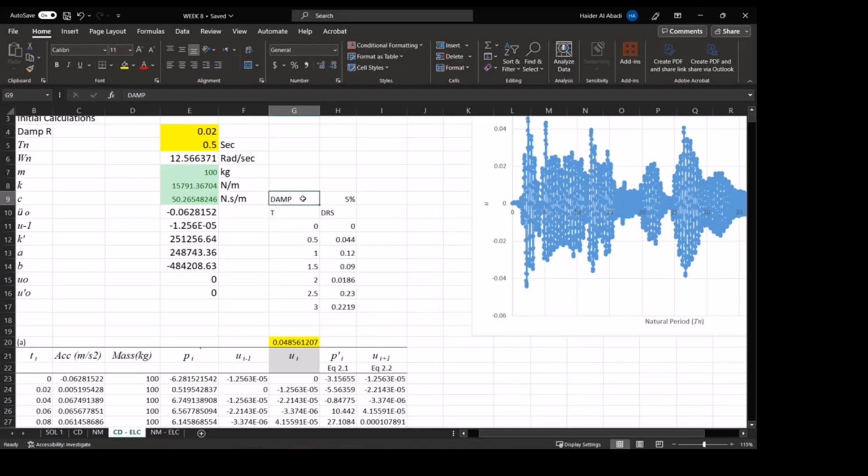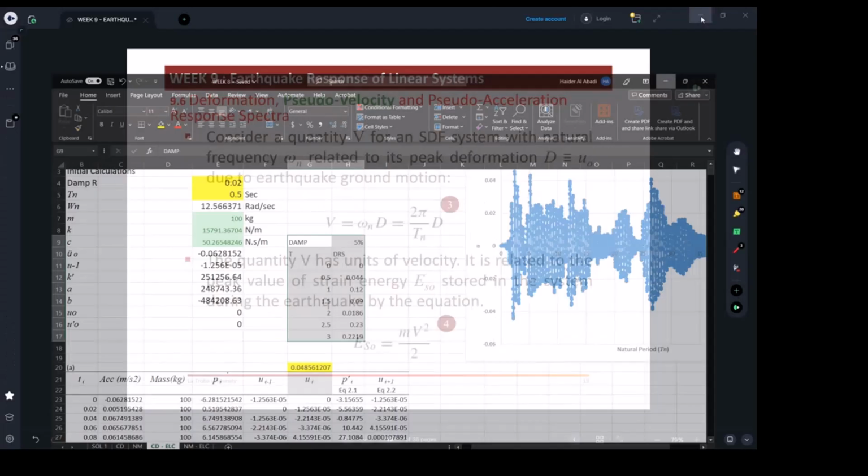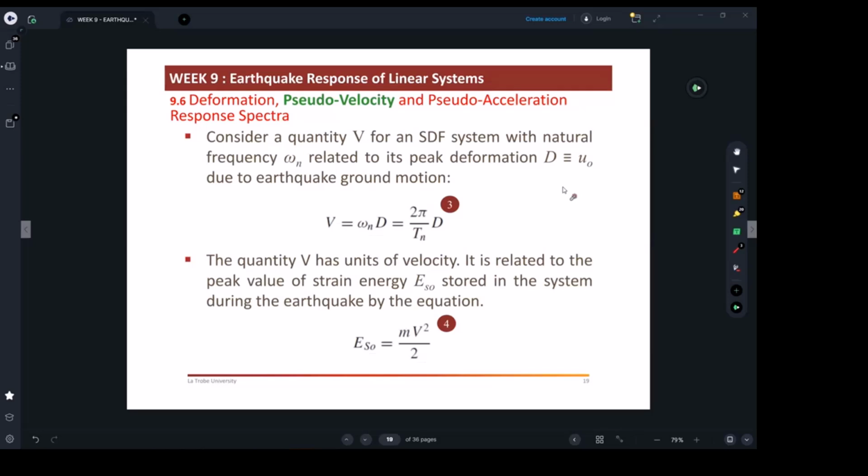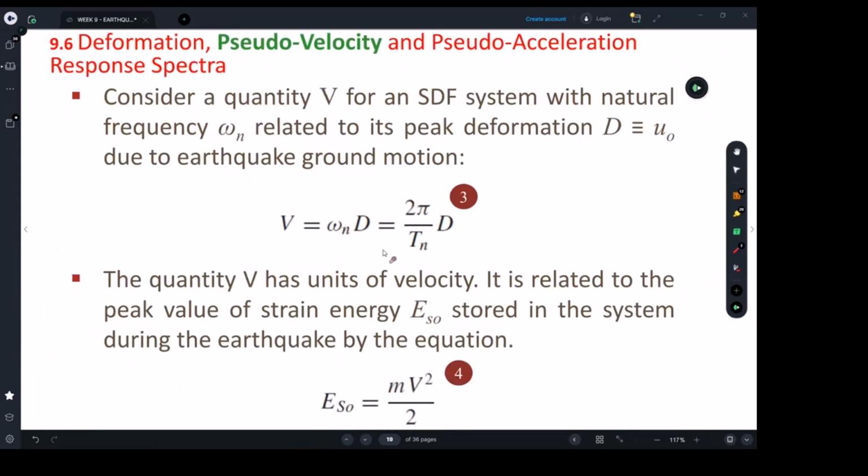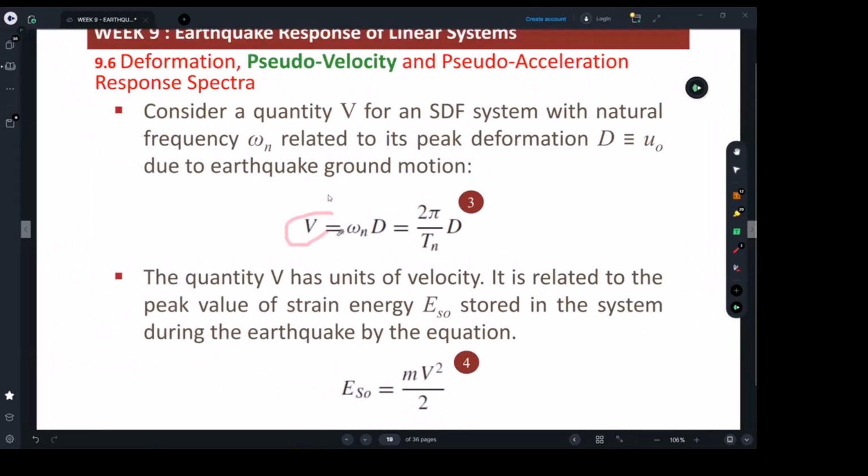So after you develop this, to develop the velocity spectrum curve and acceleration spectrum curve, we can either use the mathematical relationship between the velocity and acceleration, or between the velocity and displacement, or between the acceleration and displacement, like what you can see here. There is a relationship which relates the velocity. This is the velocity component, right?